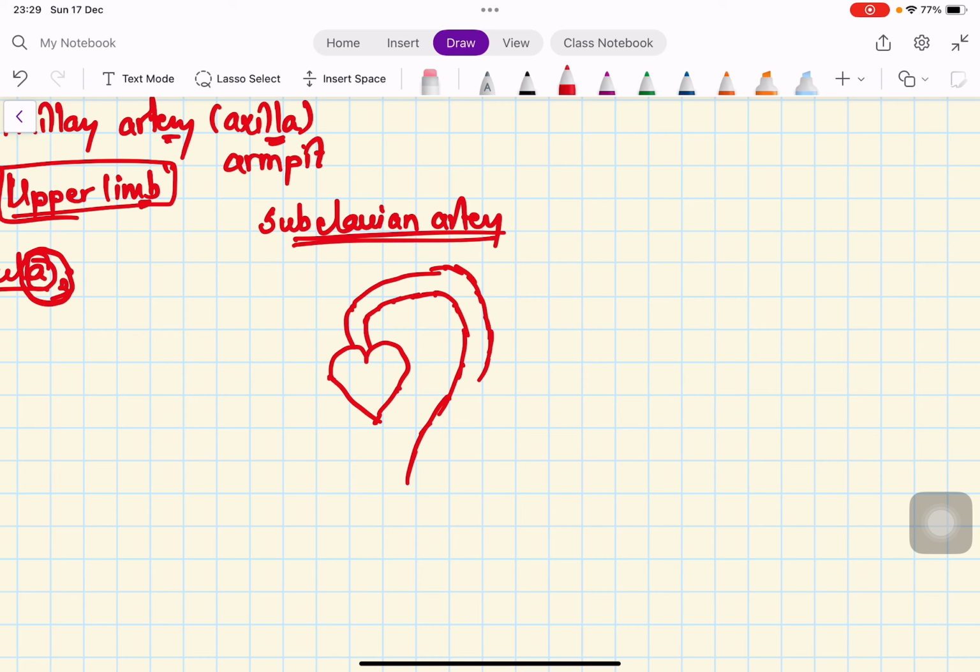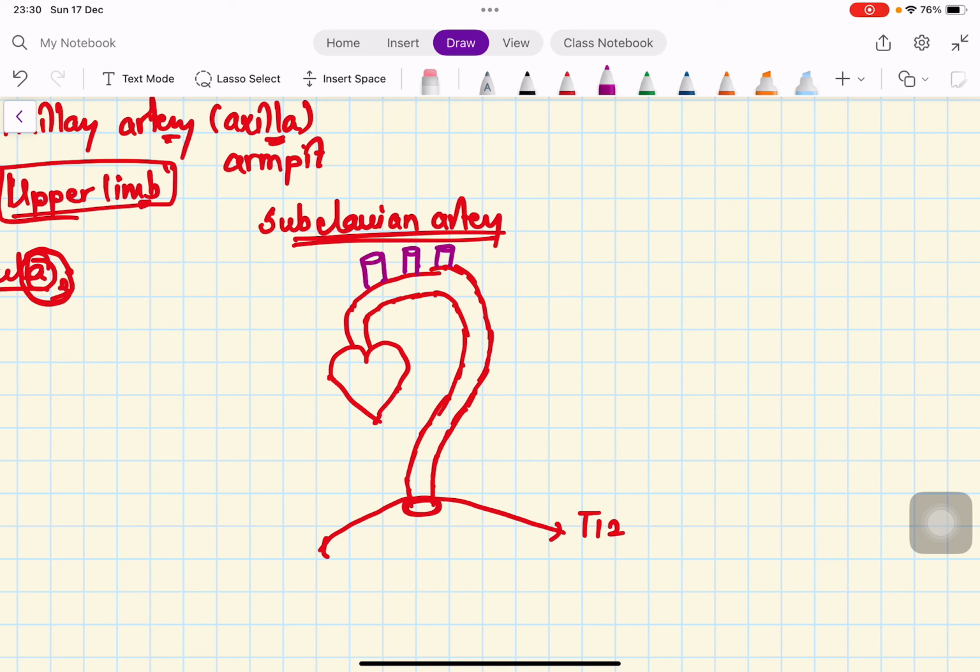There is the descending thoracic aorta and the descending abdominal aorta, and here is my diaphragm. This is the T12 part, and there is the aortic hiatus. From my arch of aorta, three branches arise: one is the brachiocephalic, another is the left common carotid, and another is the left subclavian.